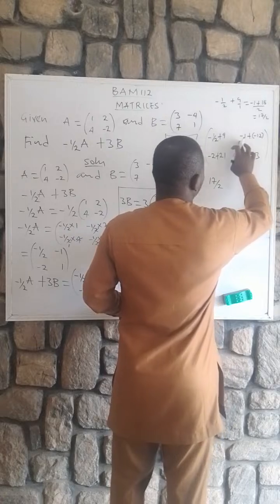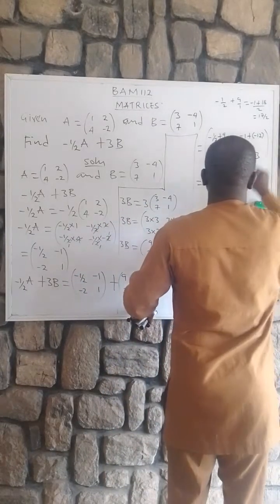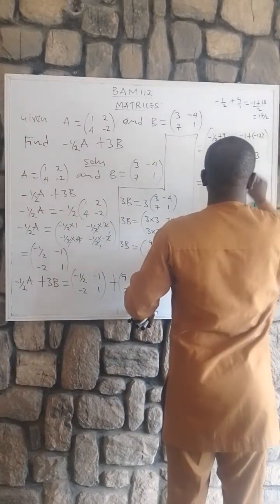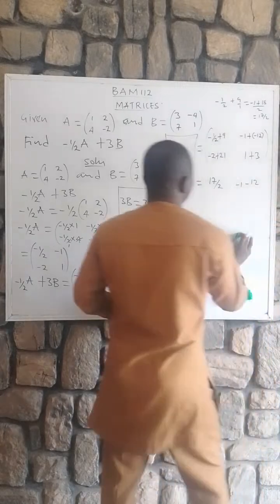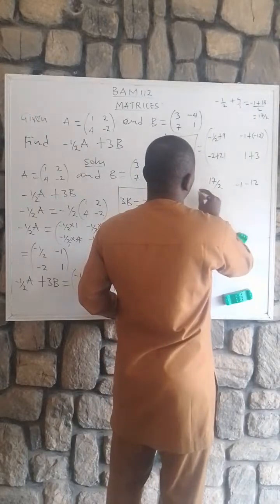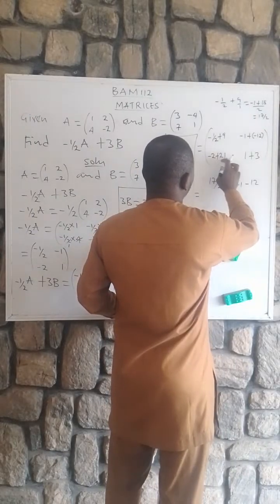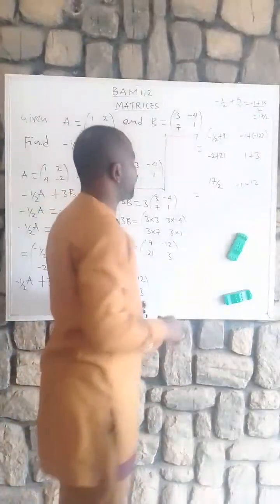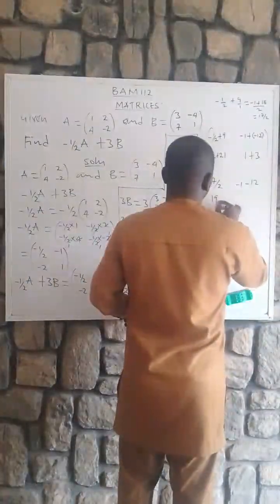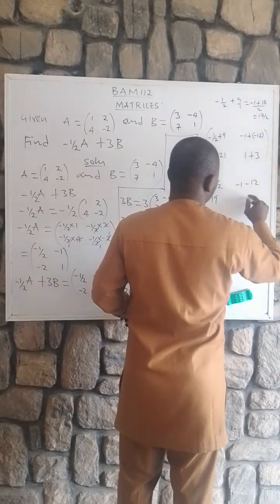Then here, -1 minus 12 is -13. Then -2 plus 21 is 19. Here is 4.